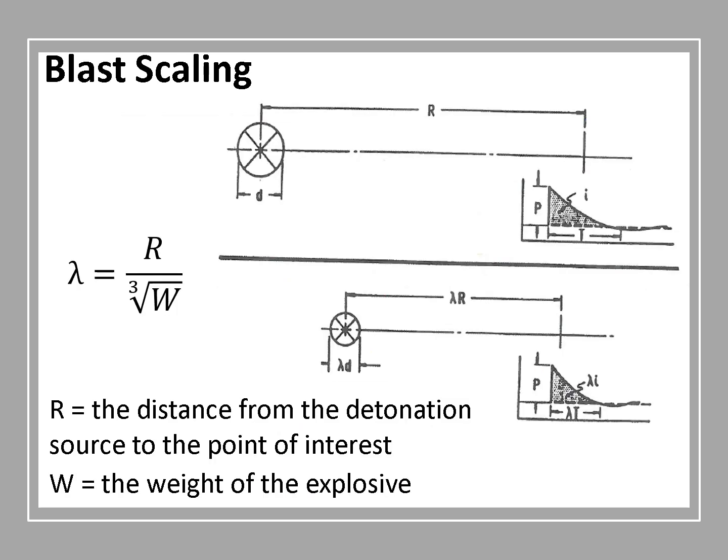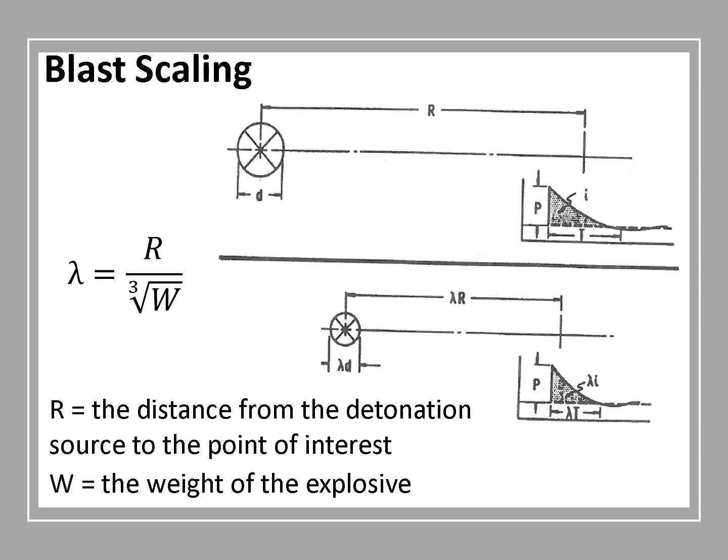Next, we will go over the concept of blast scaling. For this, the cube root law, also known as Hopkinson-Krantz law, is utilized. It states that similar blast waves are produced at identical scale distances when two explosive charges of the same explosive but of different sizes are detonated in the same atmosphere. To explain the concept further, suppose that an explosive charge of weight W and size d is located at distance r from the point of interest.